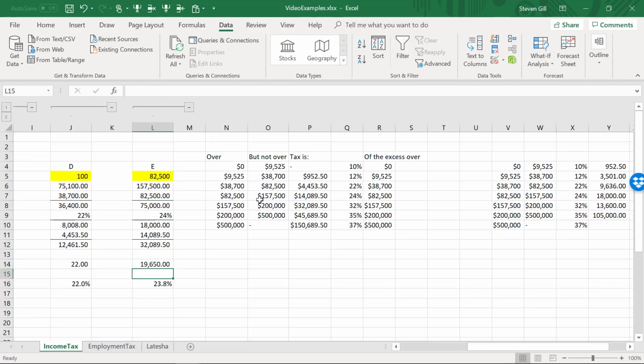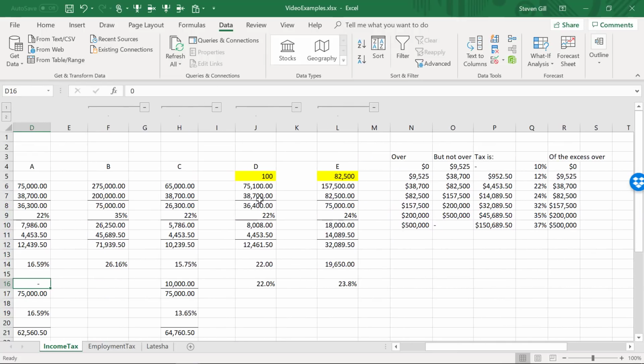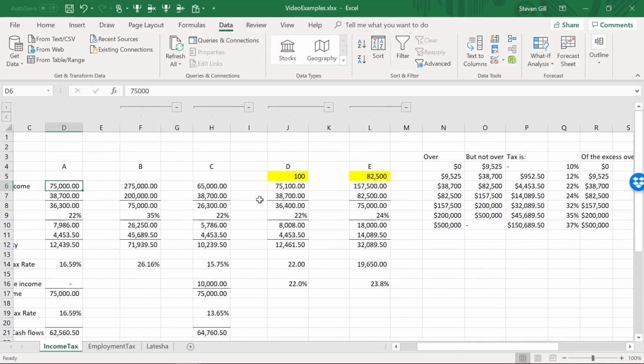And you'll see that we get very close, but not all the way to 24%. Because at the same time, there's still $10,000 or so being sheltered before the first $7,500 that's still being sheltered between the 75,000 and the 82.5 that starts the next bracket.